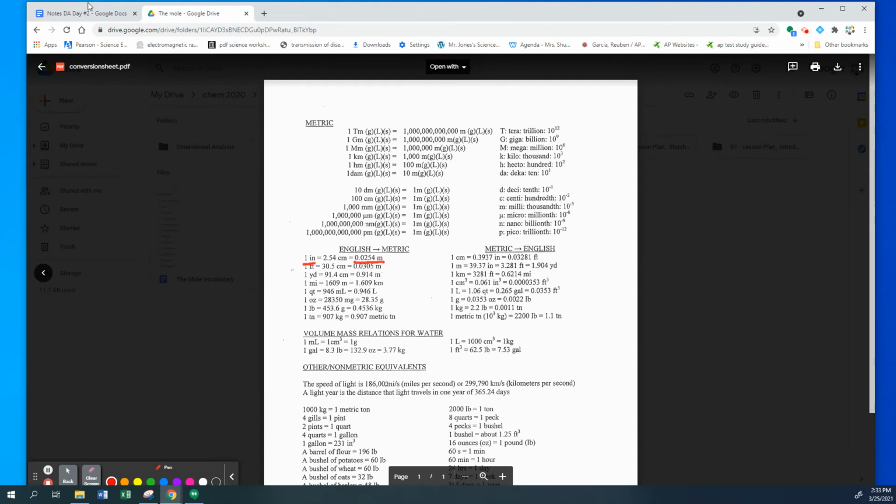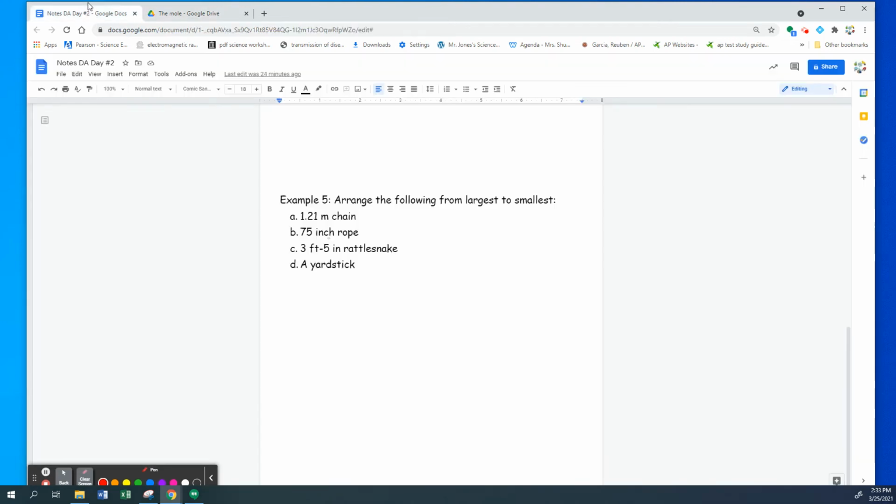A yardstick is a yard. So we have yard to centimeters or yard to meters. We could go from yard to centimeters, from centimeters to inches. So let's do that. Let's go with inches. Okay, so we're going to convert all of them to inches.